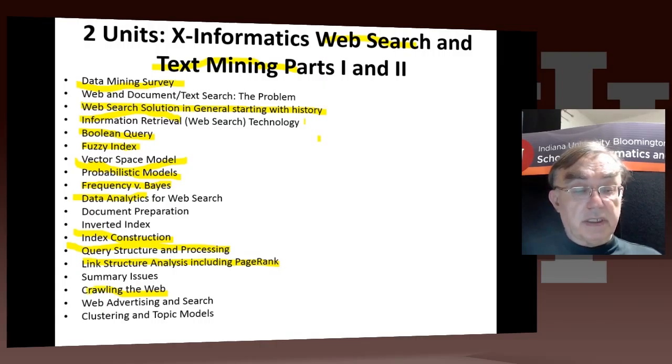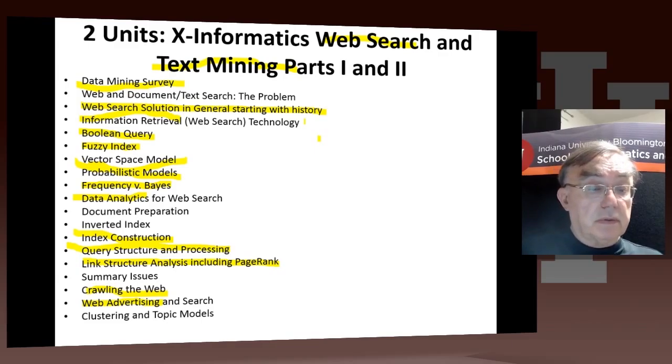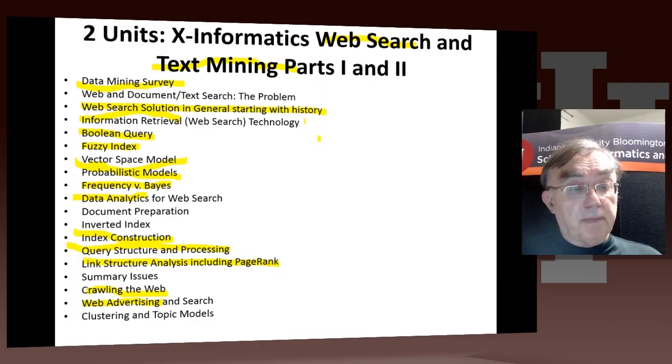There are some interesting issues around web advertising. And then there are other ways of doing the search other than just returning documents, which are maybe better illustrated by things like Google News, where Google News collects clusters of many links together which have a similar topic of interest attached to them.